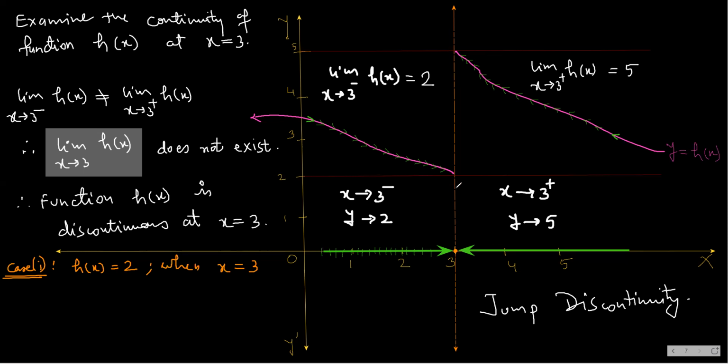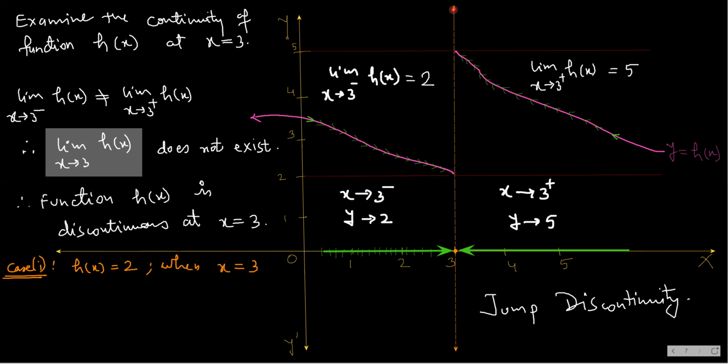So when x is 3, what is the h of x value? It is 2. So here you have the point. See, it is 2. Now you come to 2 here, or else, see, it wasn't at 2. You can closely observe this. The function is coming close to number 2. It is not at 2. Okay.